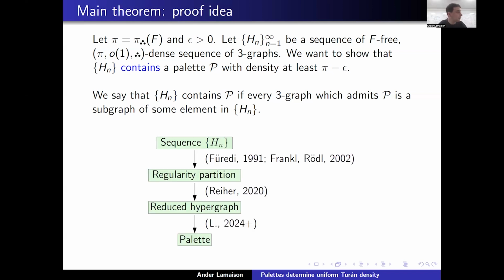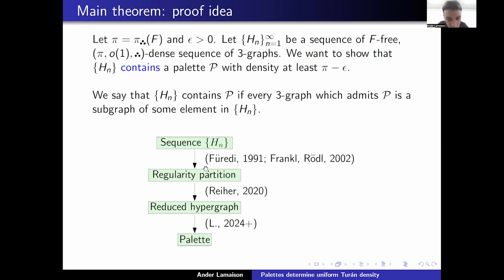So if we want to prove the main theorem from scratch, the sequence of steps would be like this. You start with this sequence of hypergraphs. You apply the hypergraph regularity lemma to get a regularity partition.